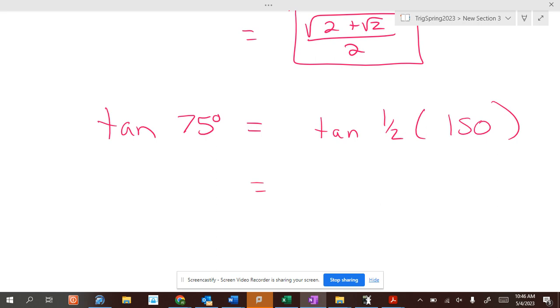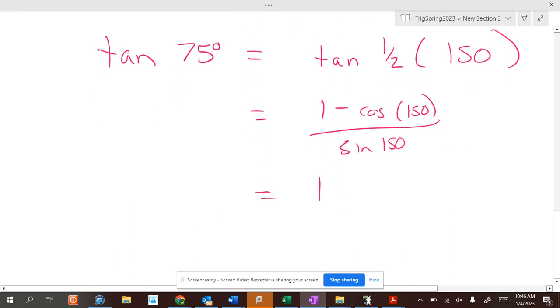All right. So which tangent formula should we use? I like to use the very last one I gave you. What's the very last one I gave you? 1 minus the cosine of 150 over the sine of 150.